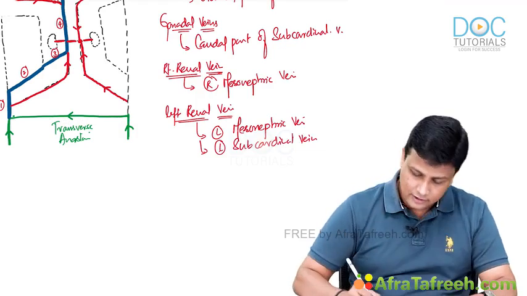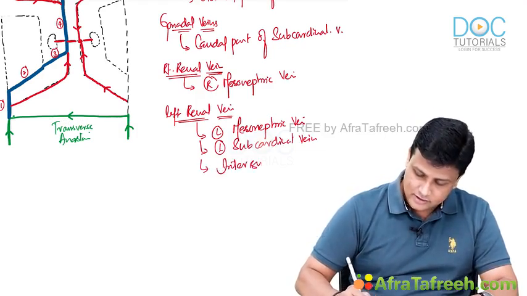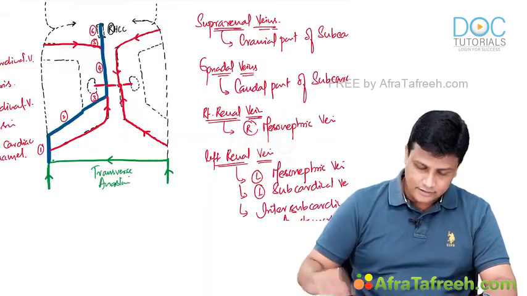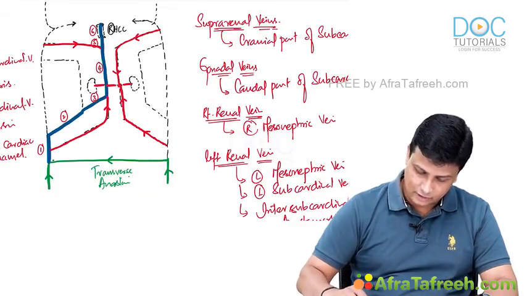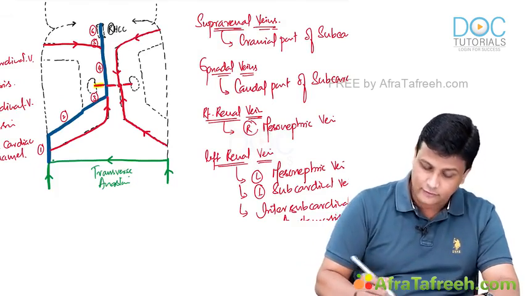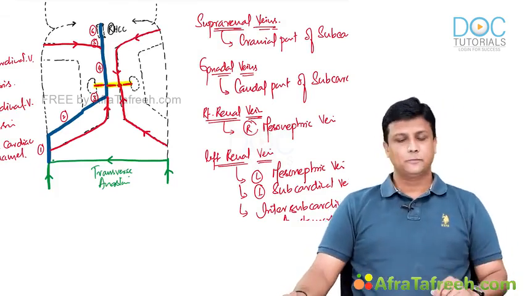And then what is that anastomosis between them? It is intersubcardinal anastomosis. That's the one which is going to form your left renal vein. I'll just highlight here so that you can understand more clearly. This is the right renal vein over here and this is the left renal vein. It is formed from three sources.